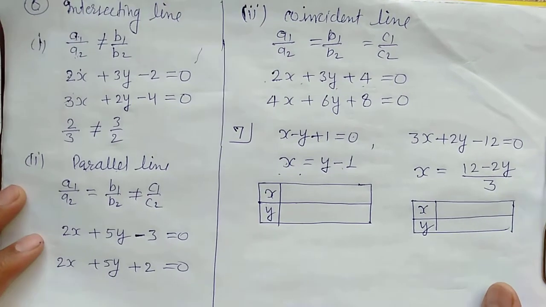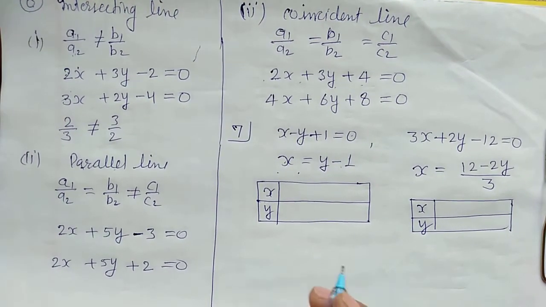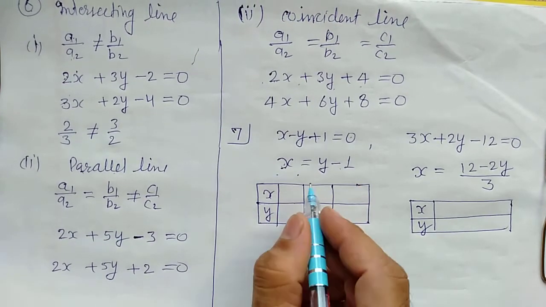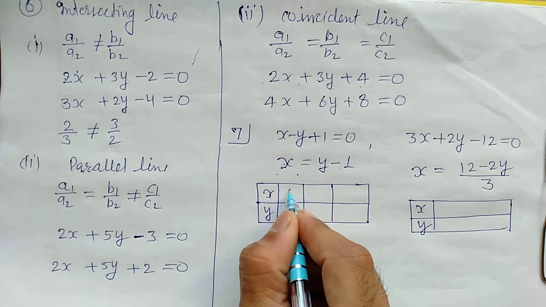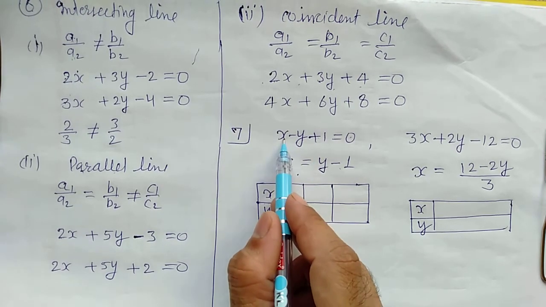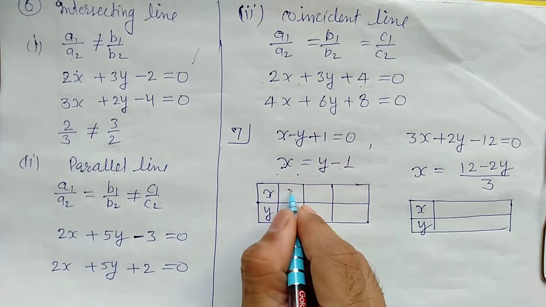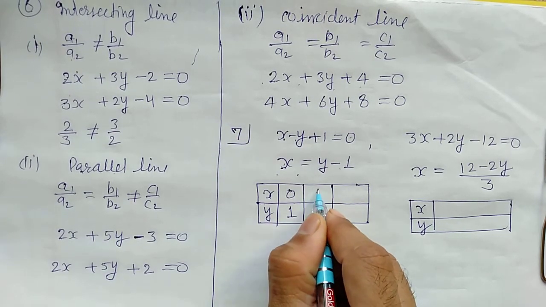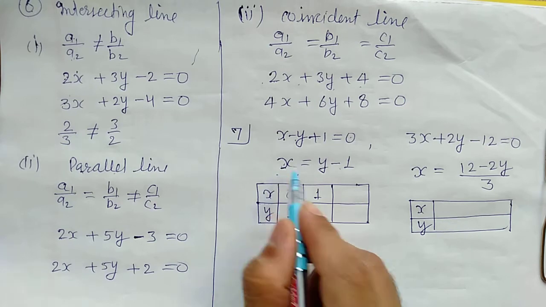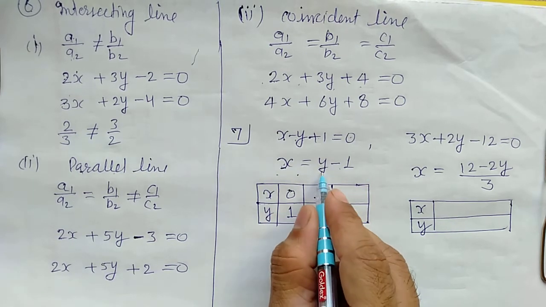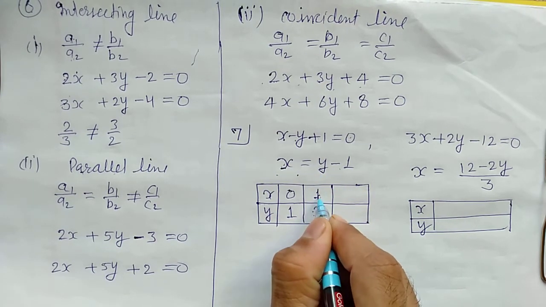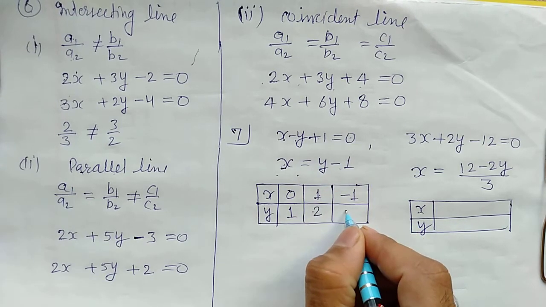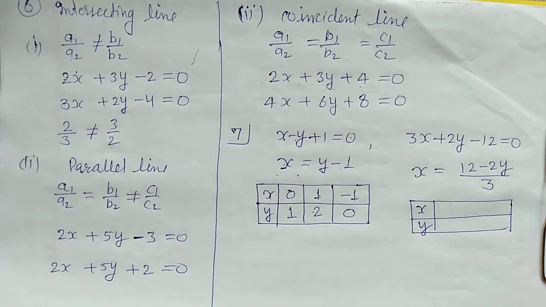Let's do it. If I take x equal to 0, see here carefully, if x equals 0, then y will be equal to 1. If I take y equal to 2, 2 minus 1, 1 will come. If I take minus 1, then what is coming? 0. I have taken 3 points here.